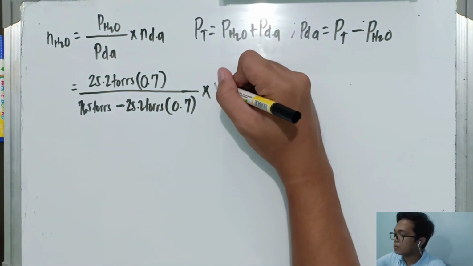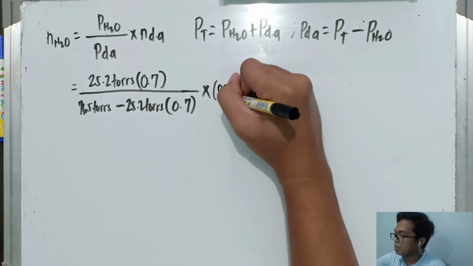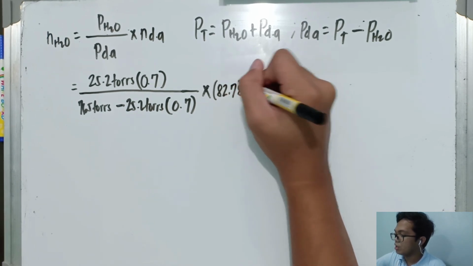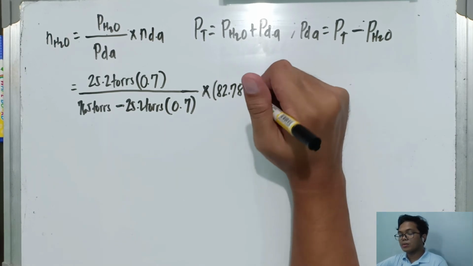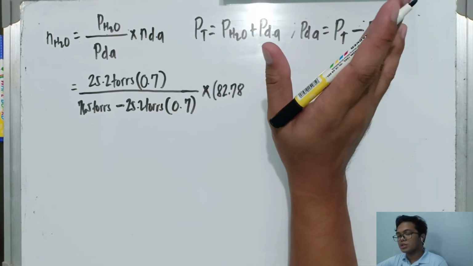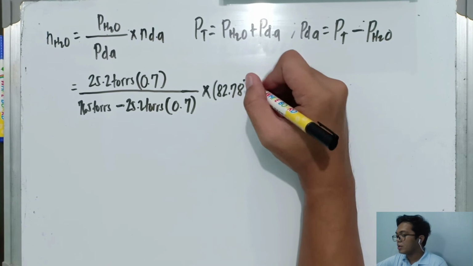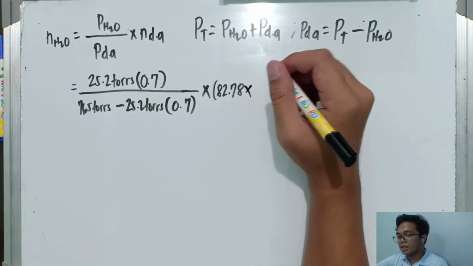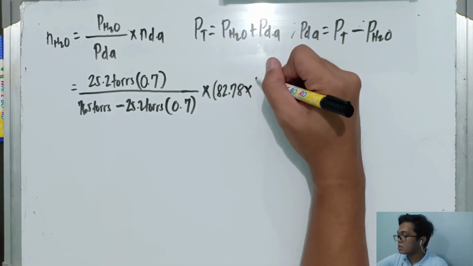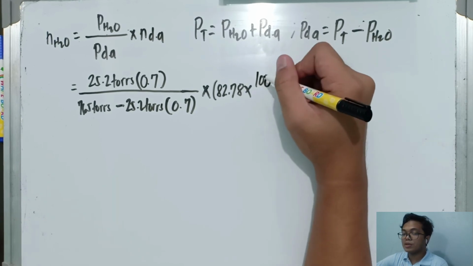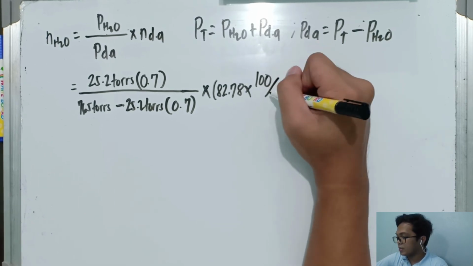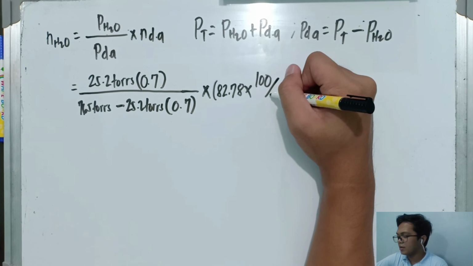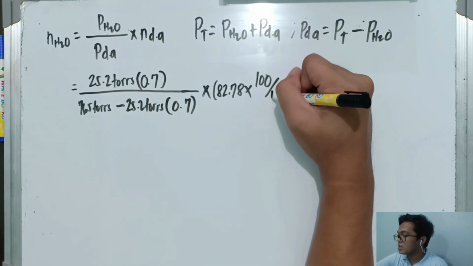Our supplied N2 is 82.78 kilomoles. Then in order to transform this into our moles of dry air, we have to utilize again the molar ratio, which is 100 for, of course, the air, divided by the molar ratio of nitrogen, which is 79.